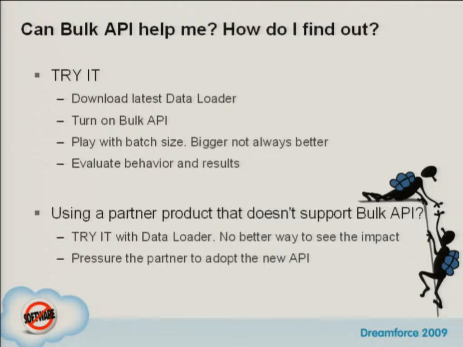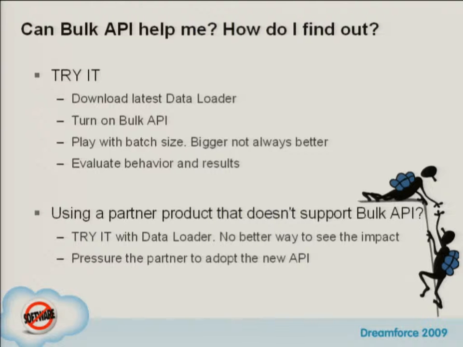You're still not waiting for the results for the processing. You're setting up the batches as soon as you can. On the server side, it's only using one thread and only processing those batches once they're uploaded, in serial. That's what the serial mode means. So you're losing a little bit of efficiency on the server side, but you're still going to be more efficient than the traditional SOAP API.